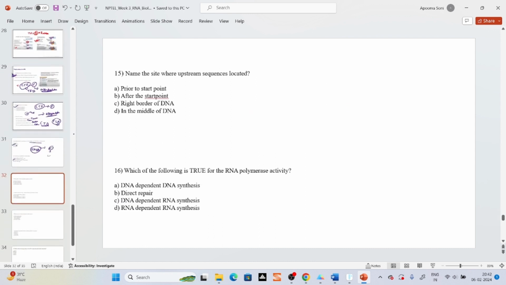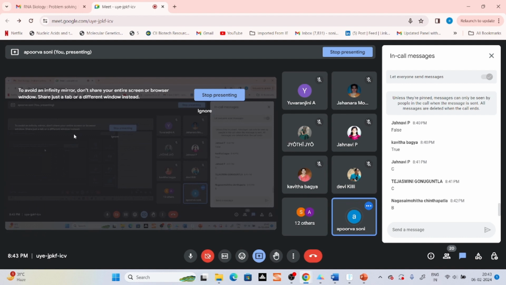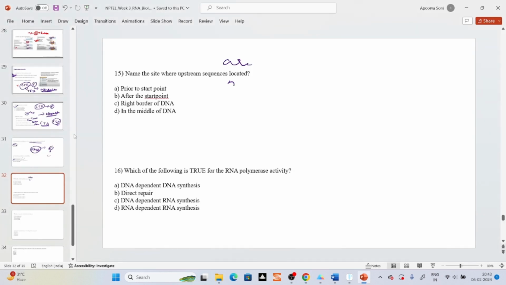Okay, next question: name the site where upstream sequences are located. Prior to the start point, after the start point, right border of DNA, or in the middle of DNA. What is the answer? Tell me, where are upstream sequences present?